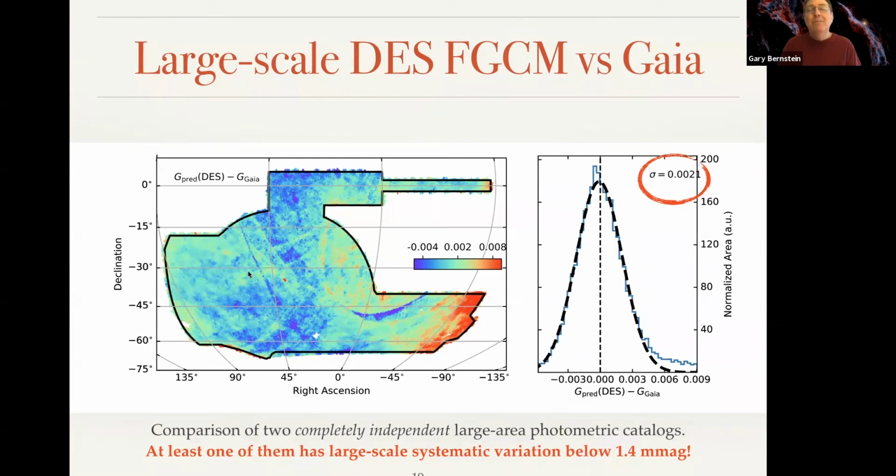Completely independent measurements, there's no data or techniques in common between these two. And on the right, the histogram of differences shows 2 millimag fluctuations, which means that at least one of these surveys is globally perfect, with global calibration variations below 1.4 millimags, which I think is amazing and is going to be worth a lot.